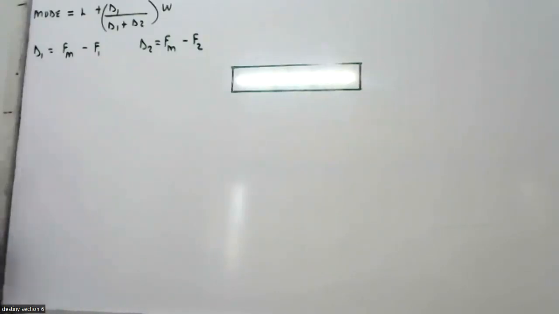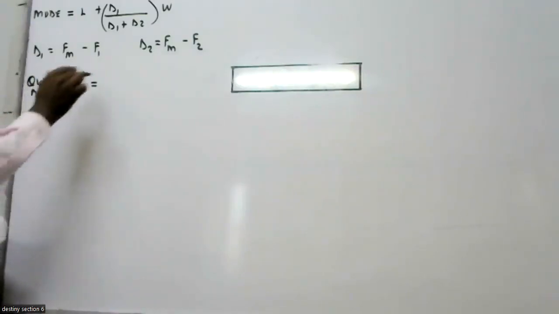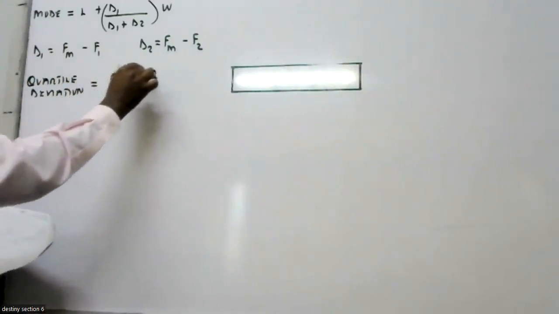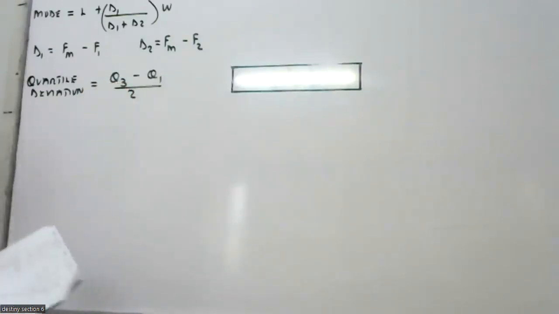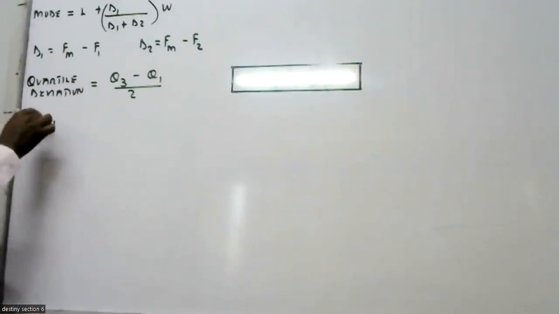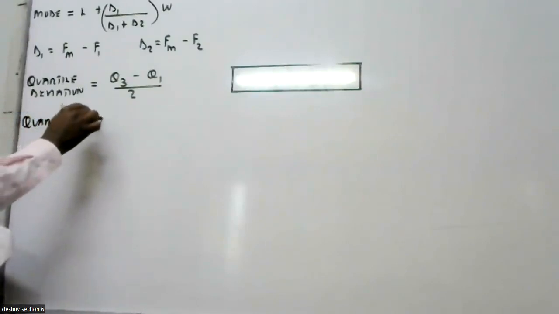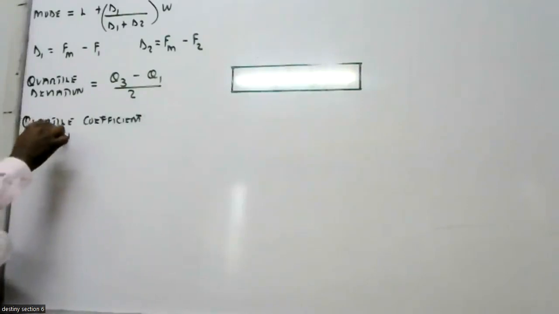The next thing that they require is quartile deviation. Quartile deviation, we know so well, is given as Q3 minus Q1, the quartiles, you divide by 2. Then what they are calling the quartile coefficient of skewness.